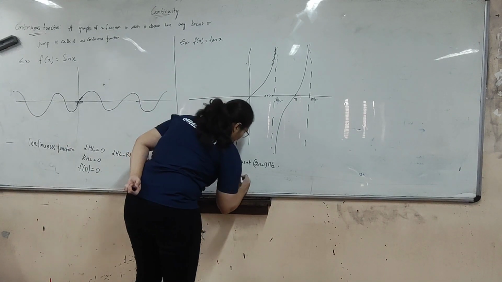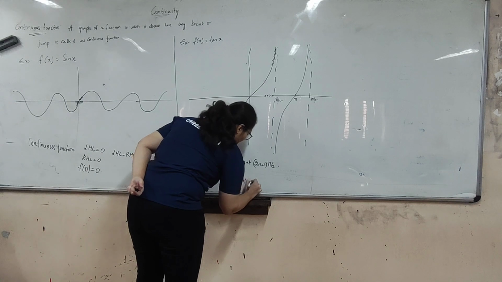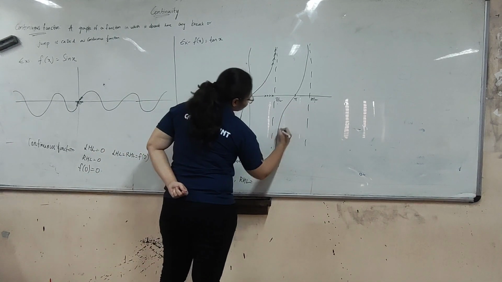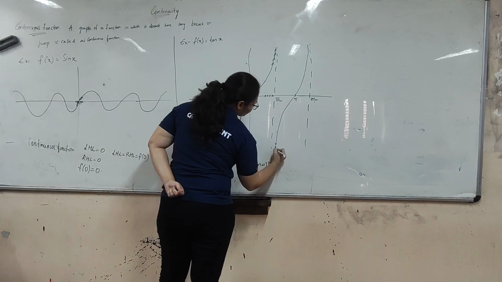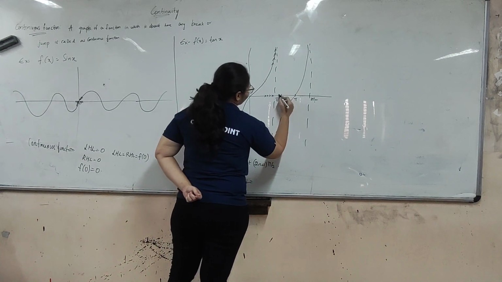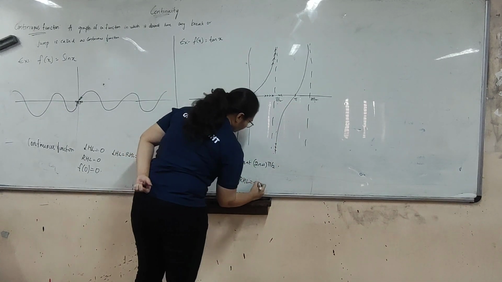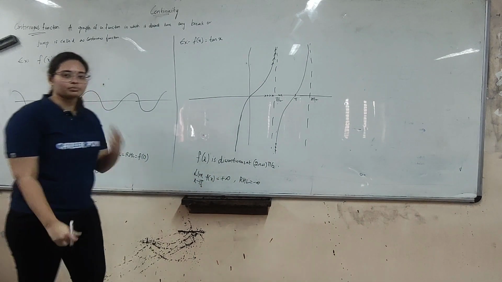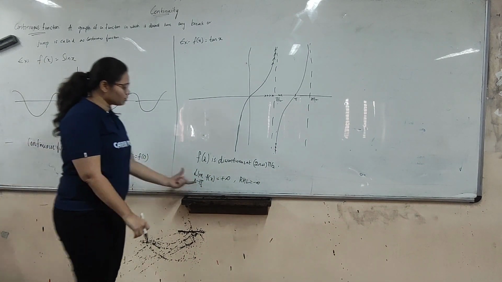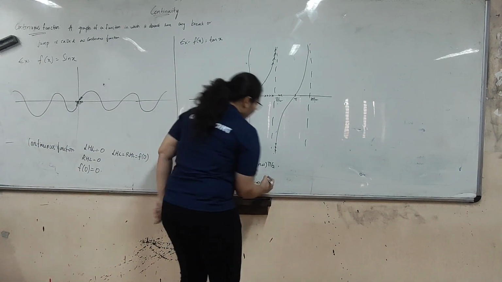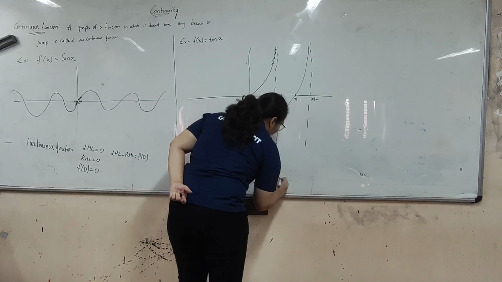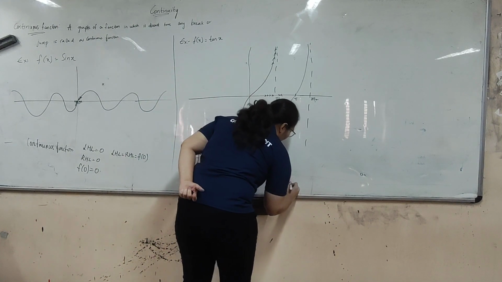Whereas for the RHL, from the right side I am tending, it is going to minus infinity. So RHL is minus infinity. And here f of pi by 2 is not defined.